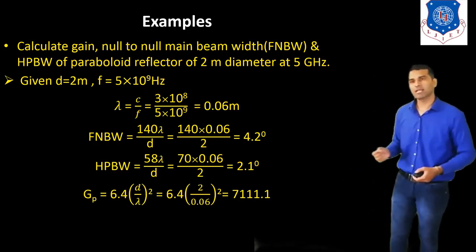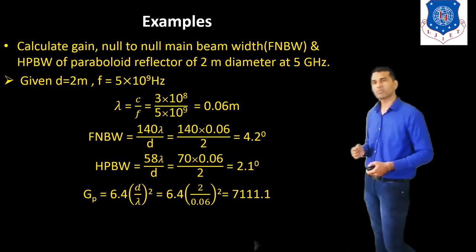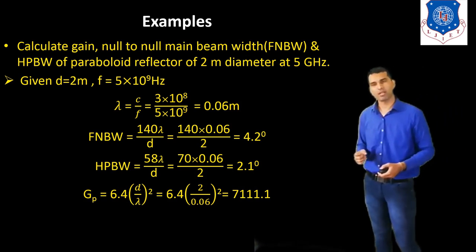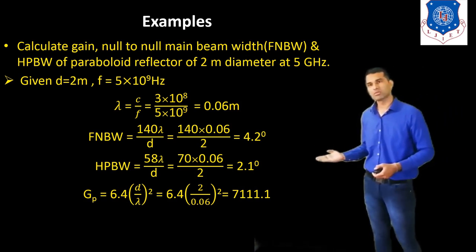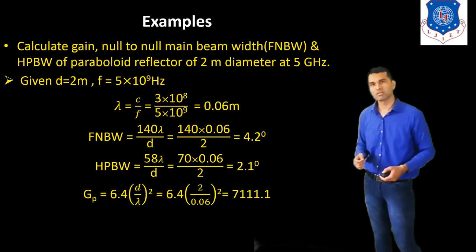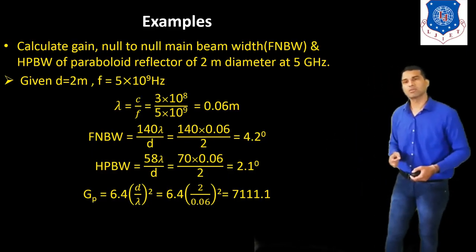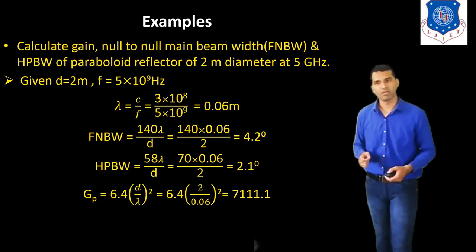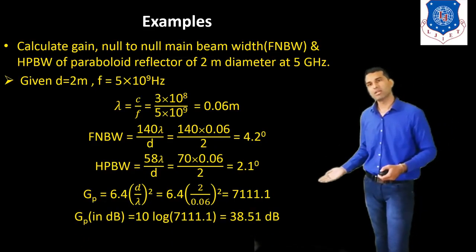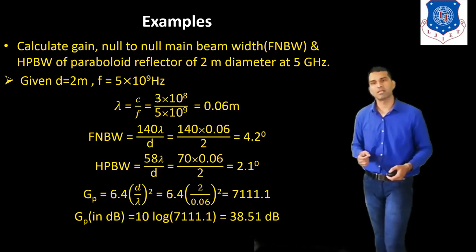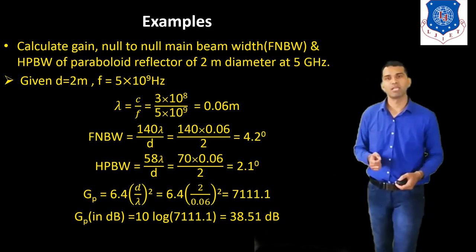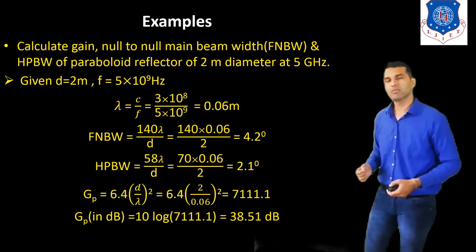The gain we can calculate using the equation 6.4 (D by lambda) square, where D is equal to 2 and lambda is equal to 0.06. So we get the gain is equal to 711.1, and when we convert it into dB, we get 38.51 dB gain. So this is the gain for this antenna.